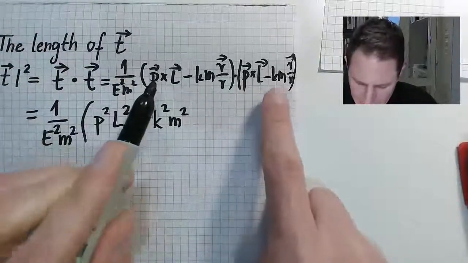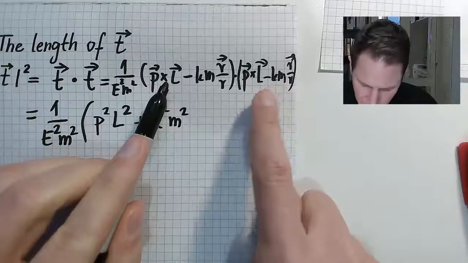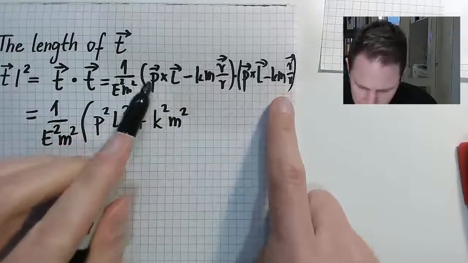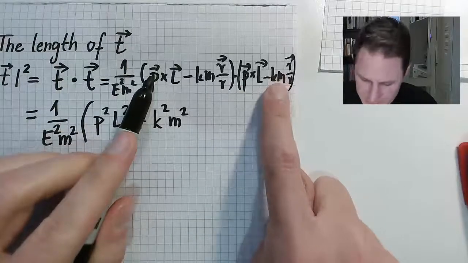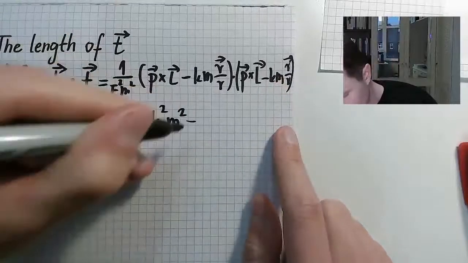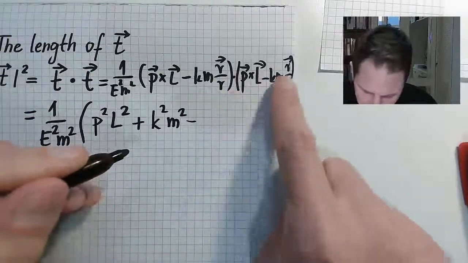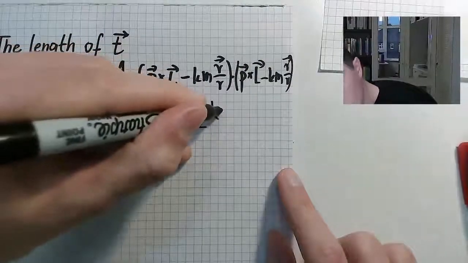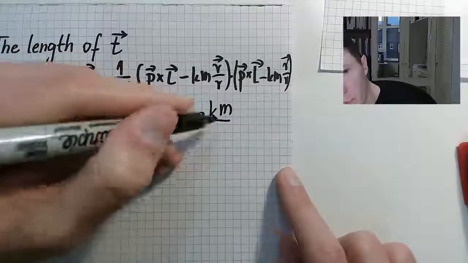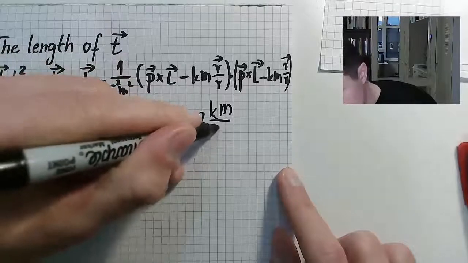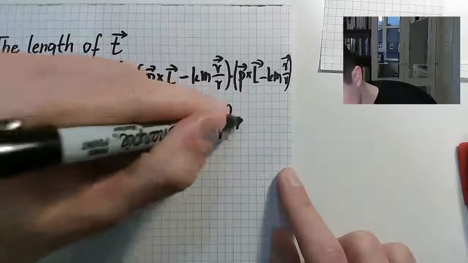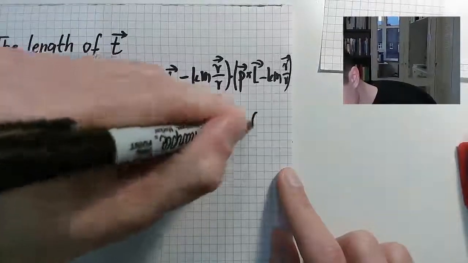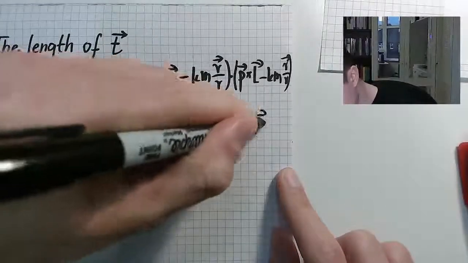Then we'll have these cross terms, so multiplying p cross l with the term containing r will give us minus 2. Two of these terms have the same form, so minus 2 times k m over r times the vector r, scalar multiplied by p cross l, basically.